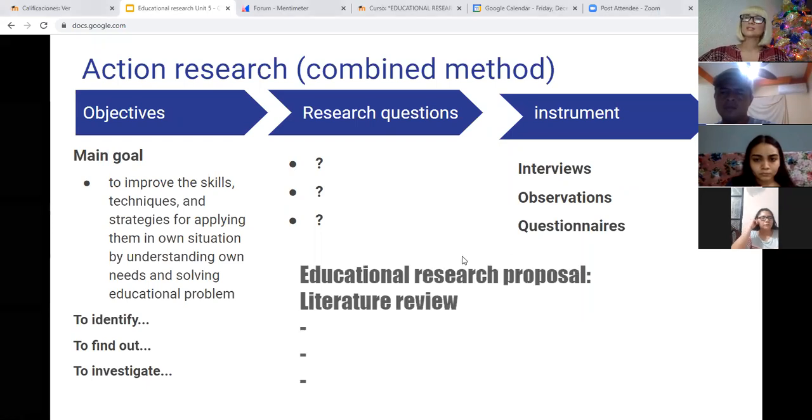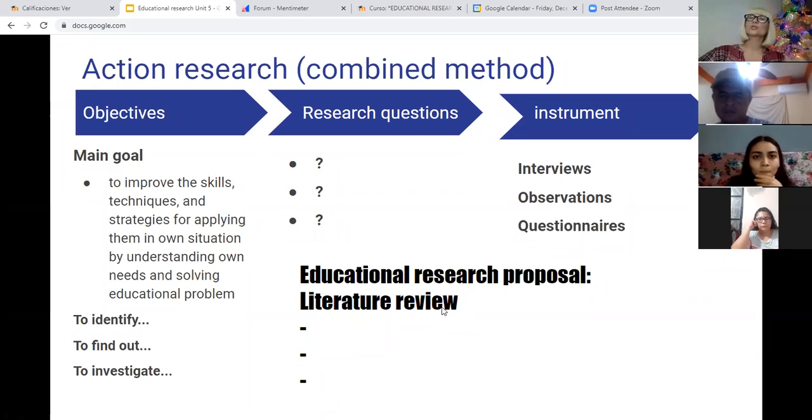Okay, and well, educational research proposal is the end of course task, okay, and you already started working on the literature review. Okay, please be sure that you choose credible sources. I'm pretty sure you had the course with Mariela.